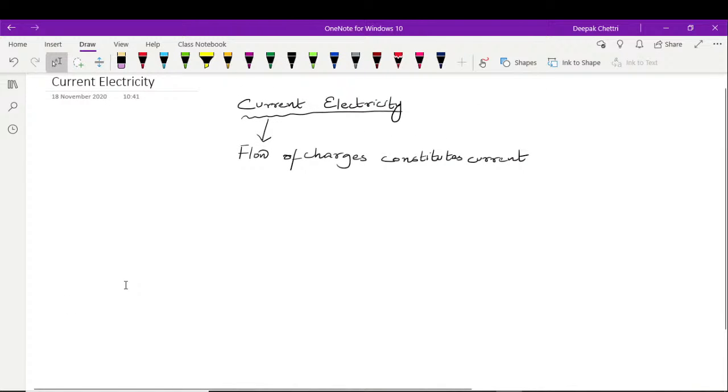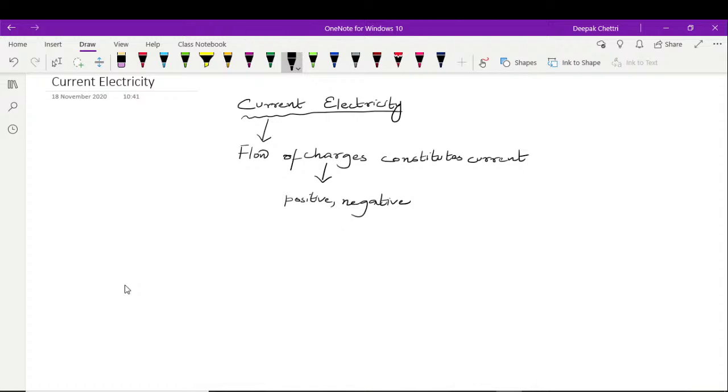A lot of things you have studied about charges in your chapter of electrostatics. You know that there are two types of charges, positive and negative, right? You can have positive charges, you can also have negative charges, right? And a stationary charge produces an electric field.